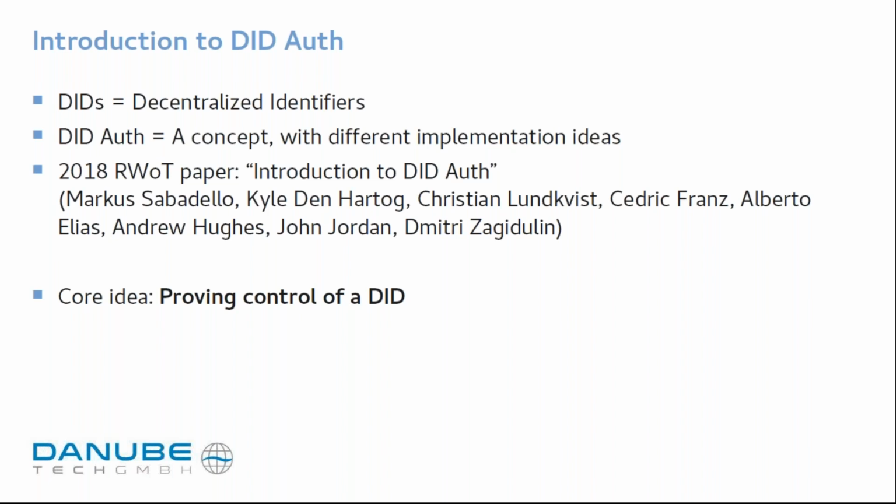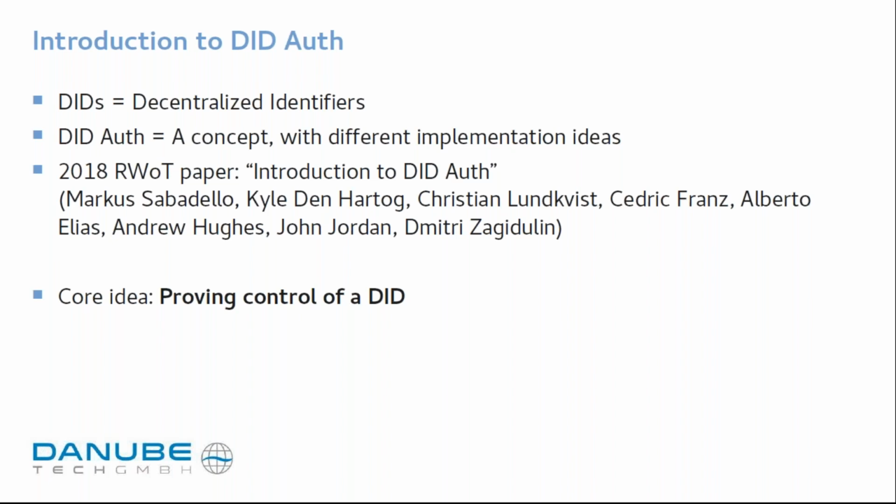I think it's probably not necessary to go into detail about DIDs themselves. I think DIDs have been covered in the SSI meetup before. These are self-sovereign identifiers that I can generate, that I can create using distributed ledger technology or other decentralized networks.